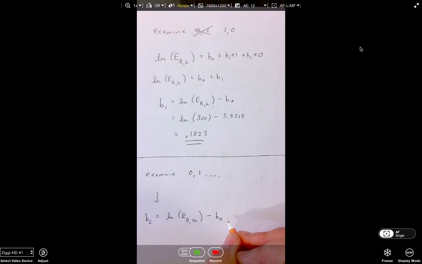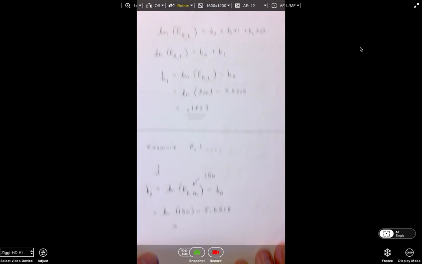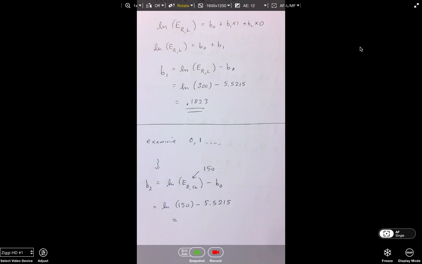Yeah. And so my expected value is going to be in here 150. So this is a natural log of 150 minus 5.5215. And when I put that in my calculator, I get negative 0.5109.